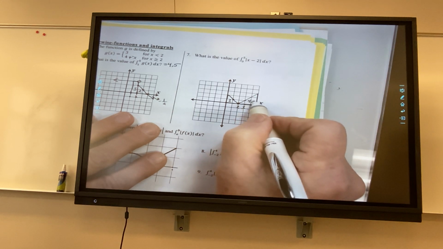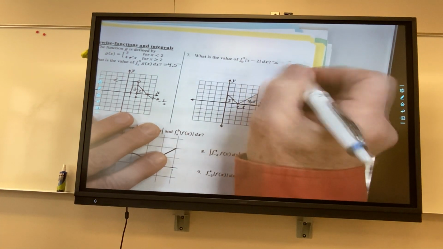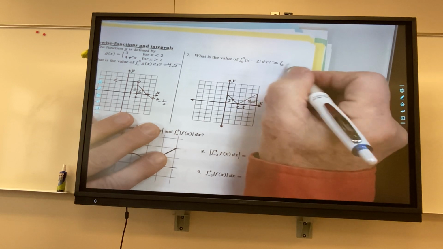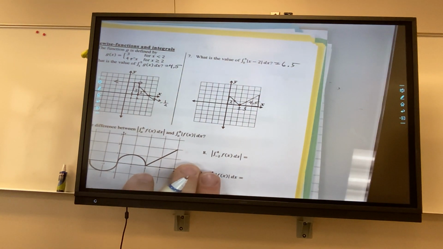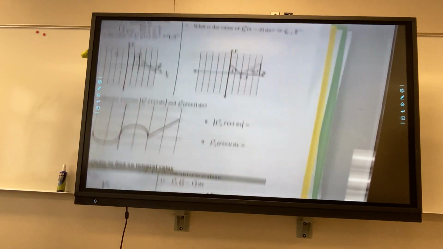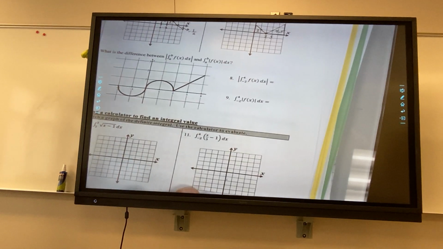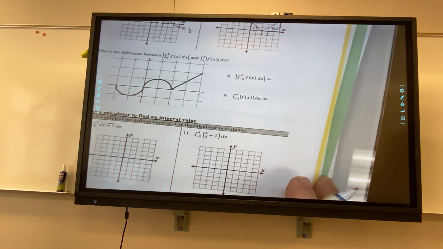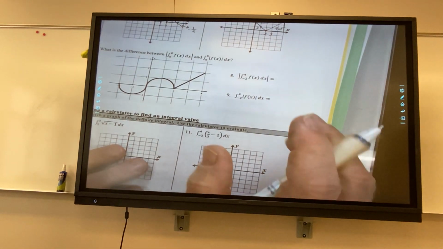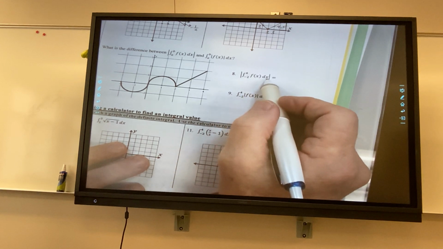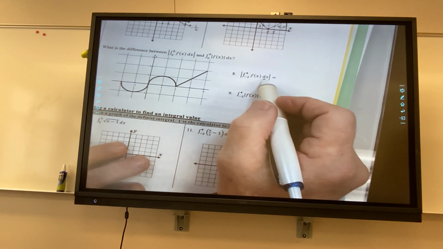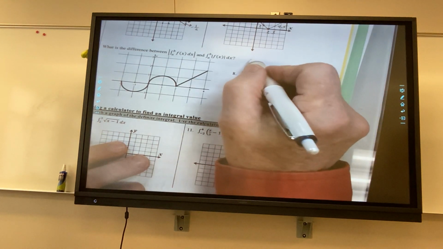So what's my answer here? 6.5. Very good. Everybody okay on that? Mm-hmm. What's the difference between this? Well, this is saying find your answer and make it positive, correct? So we need to figure out what this is.